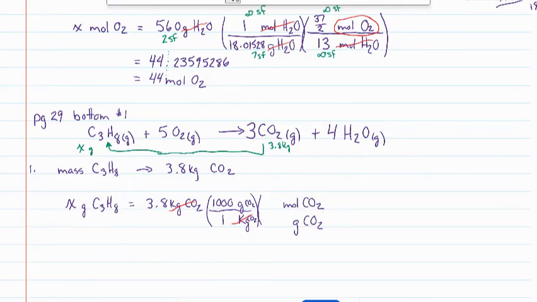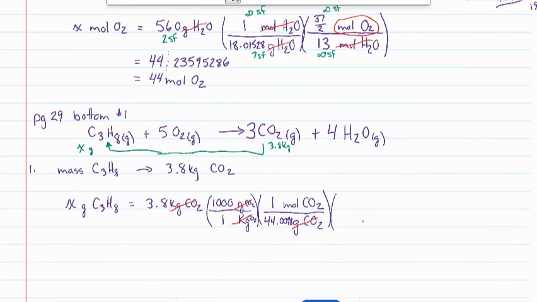For that, we use the molecular mass of CO2, which is 44.0098. We've already looked that up and calculated it in this set of problems, and that gives us 1 mole of CO2. Checking our units, we've now divided by grams of CO2, and we're left with moles of CO2.